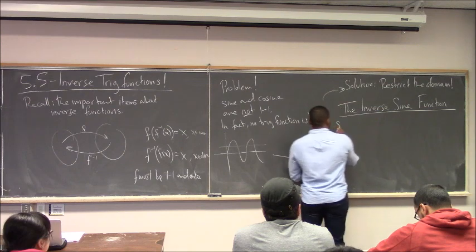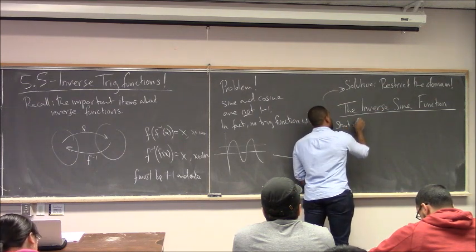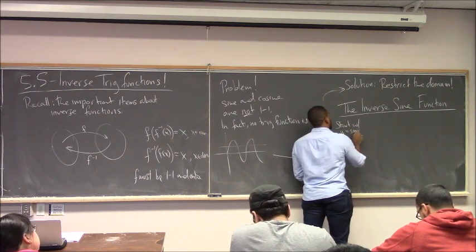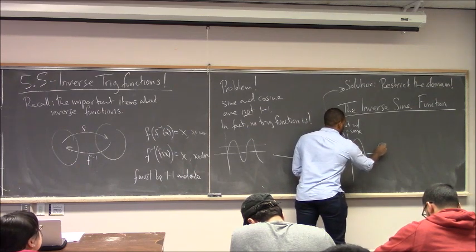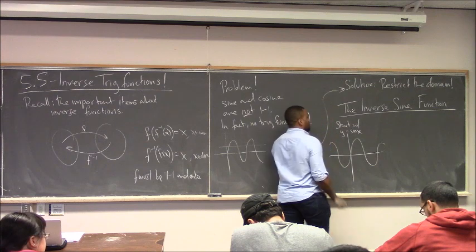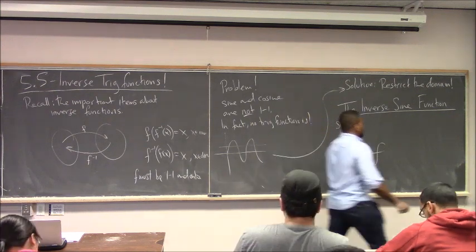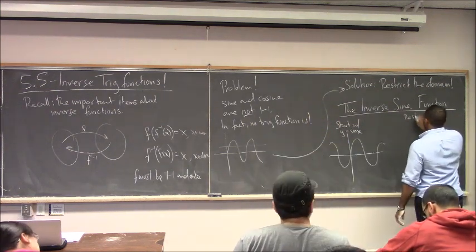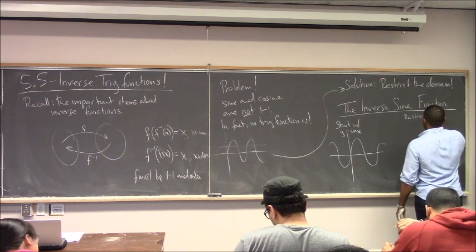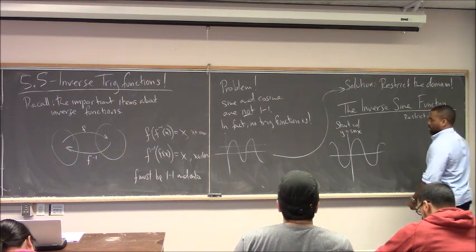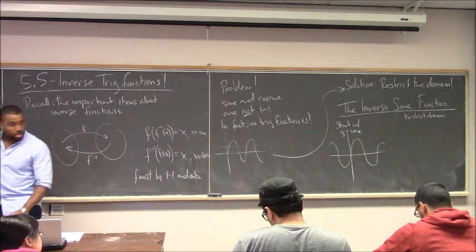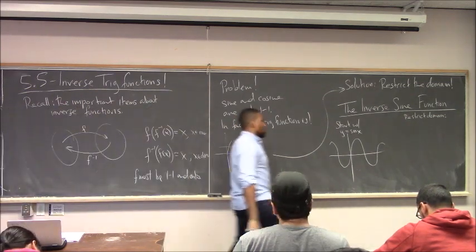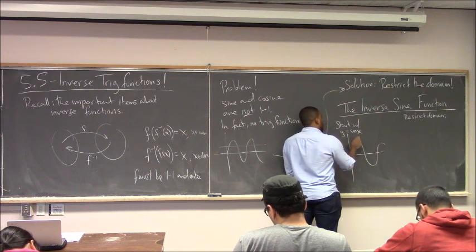So here, start with sine. Of course, this function looks like that, and it goes on forever. Not one-to-one. What we do then is we restrict the domain. So we're going to pick a nice part of this function that is one-to-one, that will pass the horizontal line test.